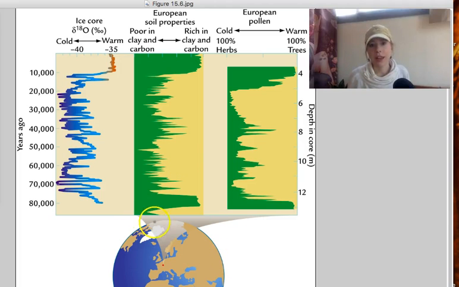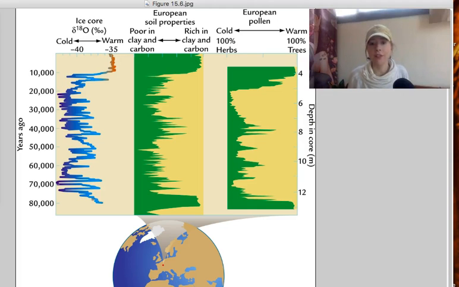So looking here then at the bottom, where you see this higher abundance of organic carbon, then you know that that corresponds to warmer conditions, which matches up very well with what the Greenland ice core is showing you.